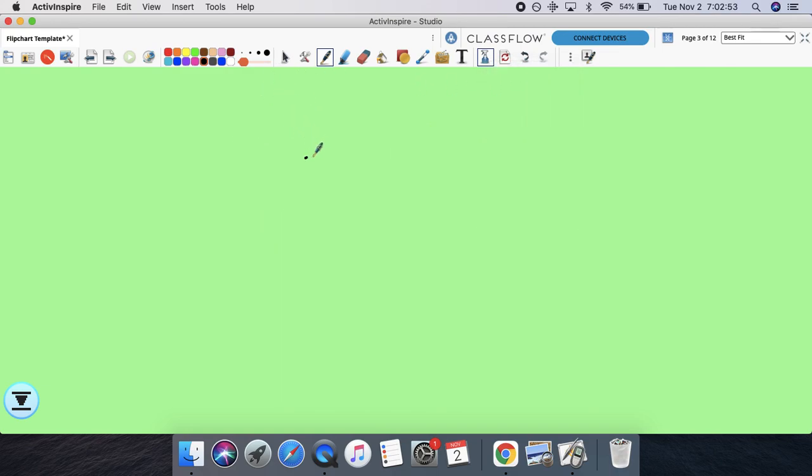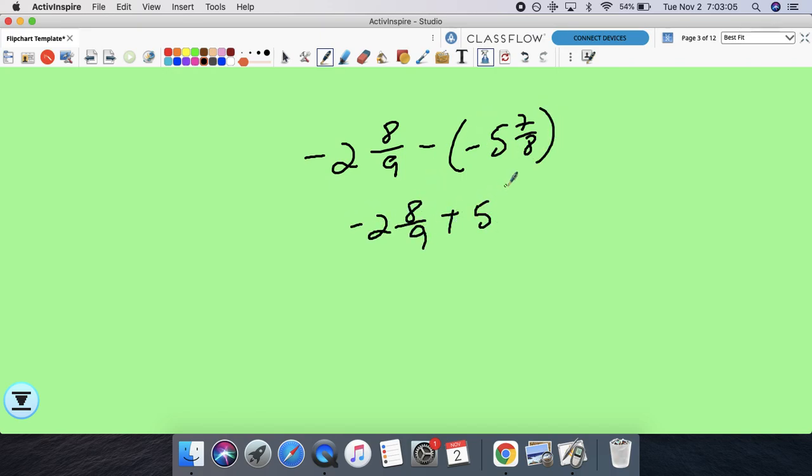Determine the sum. I don't think there's any manipulation here. Ugh, yuck. So we can change this to an addition, which is probably going to look much better. I have a preference, in this case, to change it to an improper fraction.